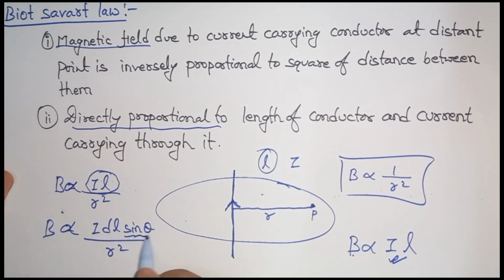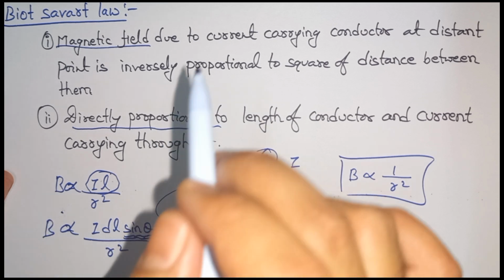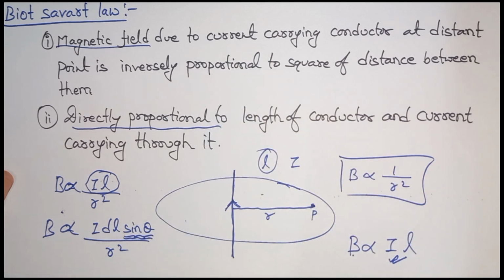This sine theta, I have already talked about. If theta is 0 degrees, then the value of magnetic field will be 0. I have already talked about this in Lorentz force, I am repeating once again. Please have a look at that video. The link will be in the upper corner and in the description.